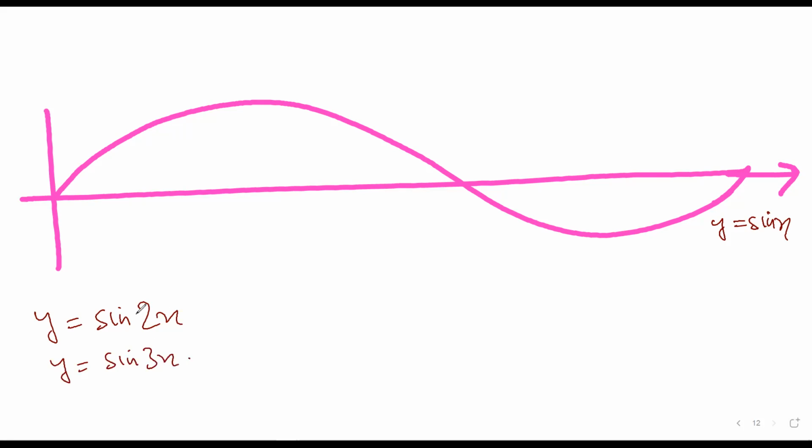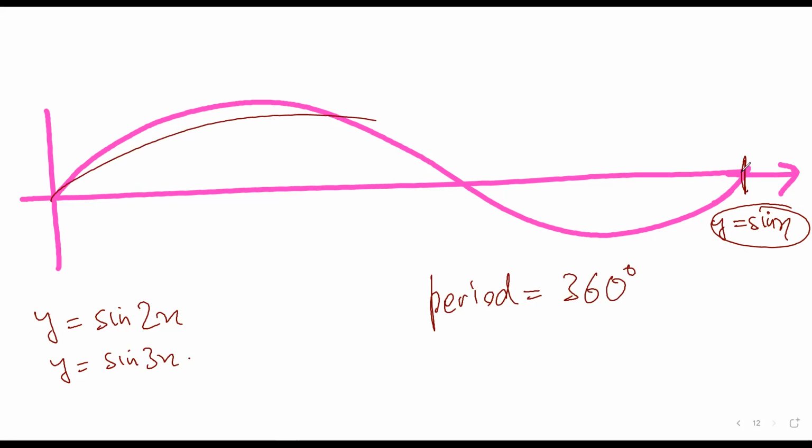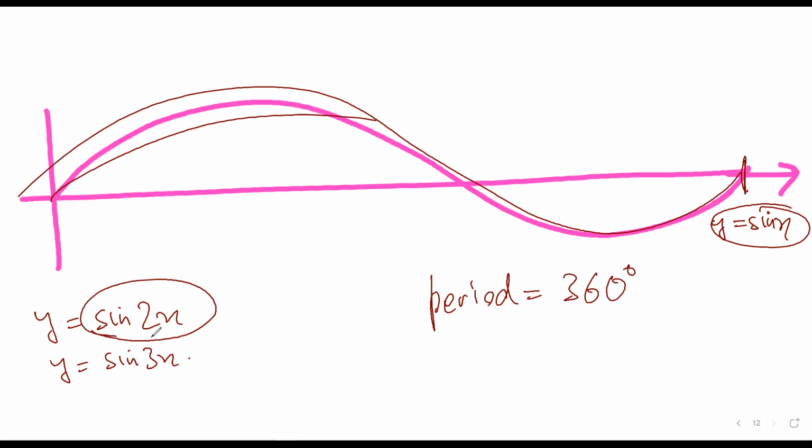Basically, sin x has a period of 360 degrees. It requires 360 degree to complete one cycle. But when you take the curve of y is equal to sin 2x, it will be able to cover its one cycle in 180 degrees only. Am I making sense or not?